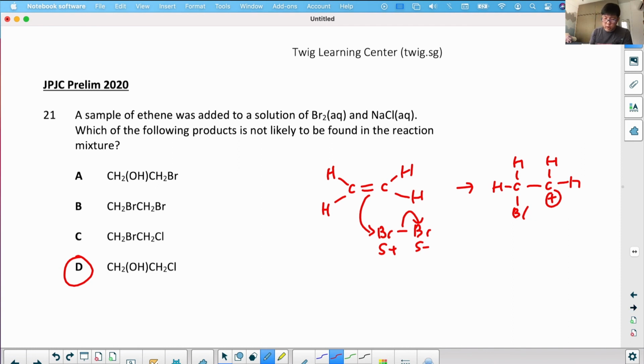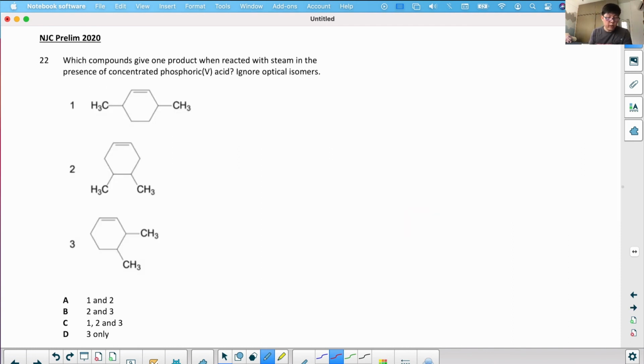Let's look at question 22. Which compounds give one product when reacted with steam in concentrated acid? This is actually an alkene becoming an alcohol. Let me try to draw it out. The first one, I can draw this way. If I add the OH here, CH3, it gives only one product.